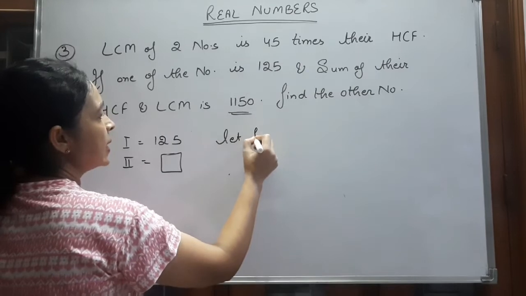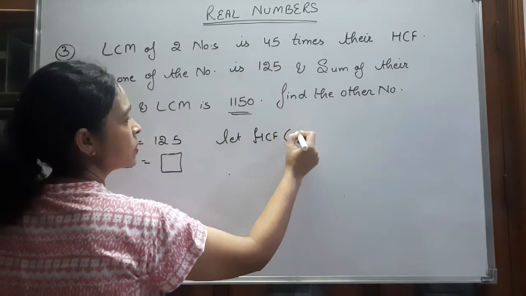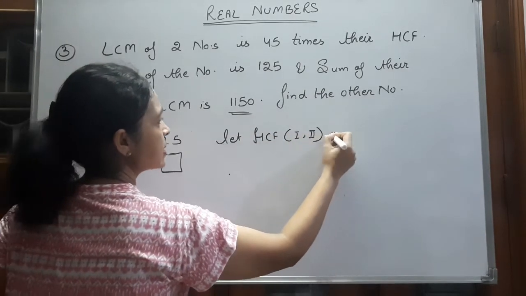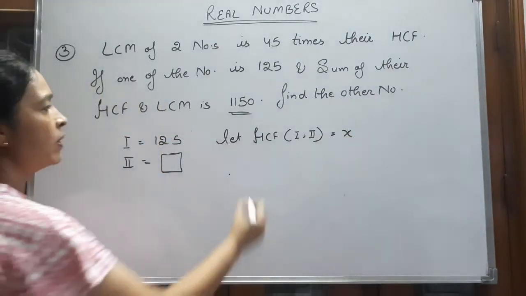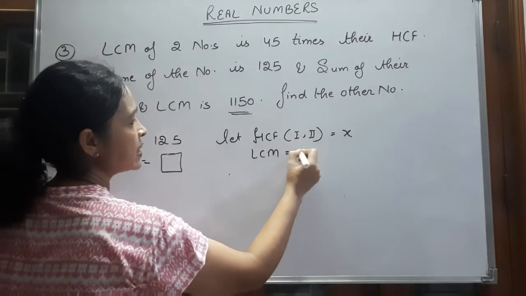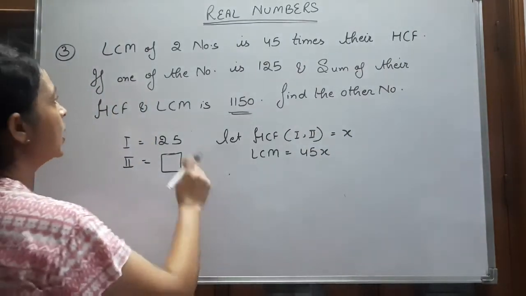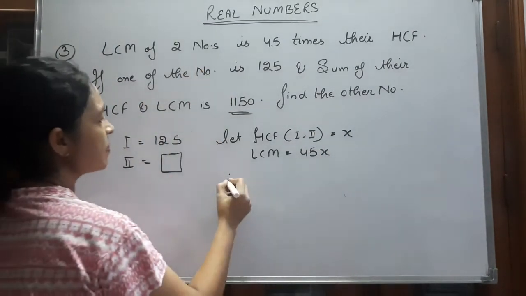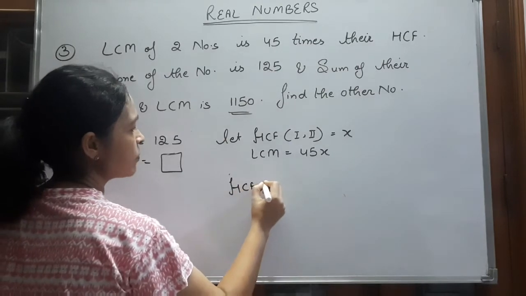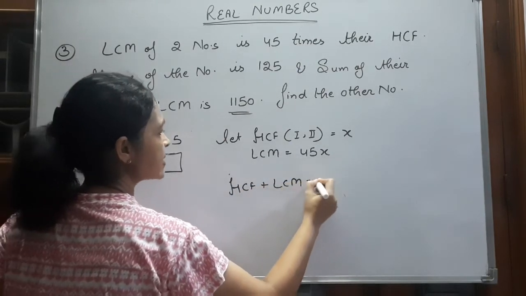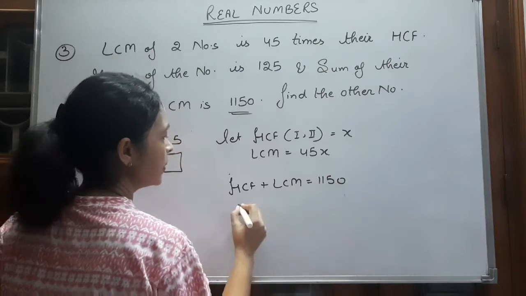Let the HCF of these two numbers, first number and second number, be x. What will be the LCM? LCM will be 45 times HCF, 45x. Now, the sum of HCF and LCM is given as 1150.